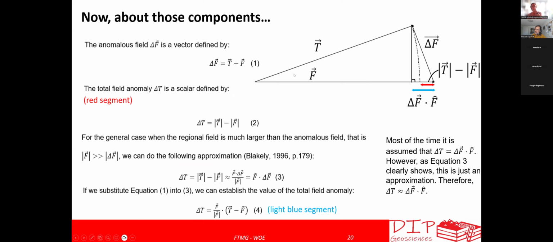However, since this vector is usually much smaller than F, because the Earth's magnetic field is much larger, we normally can do an approximation. This is coming from Blakely.